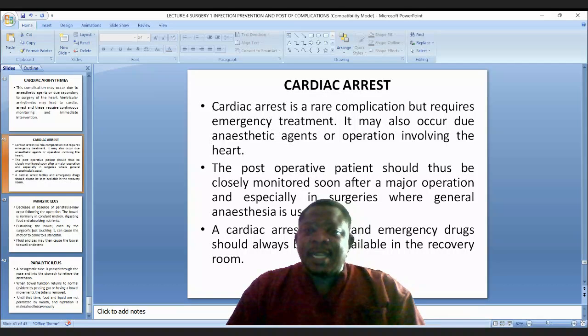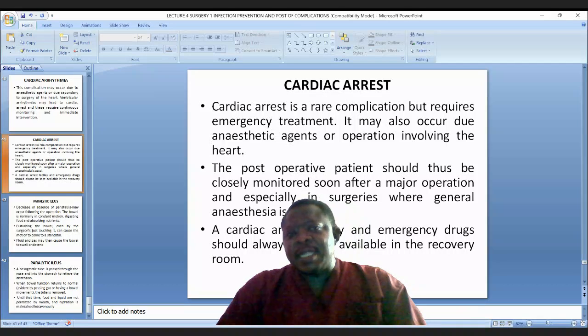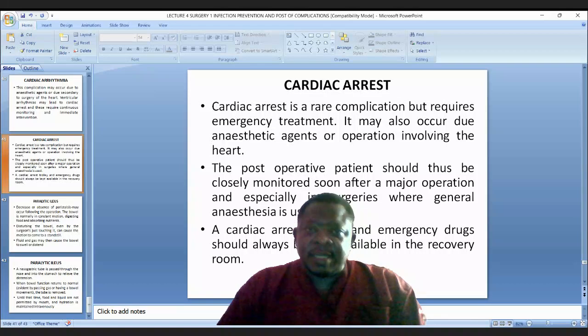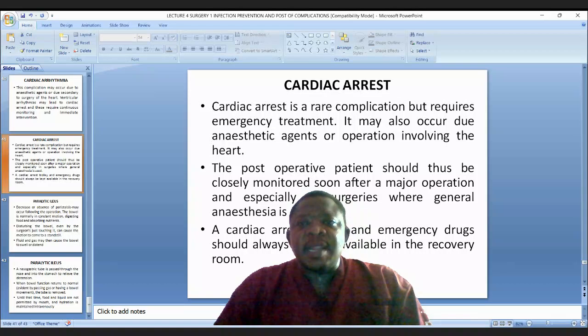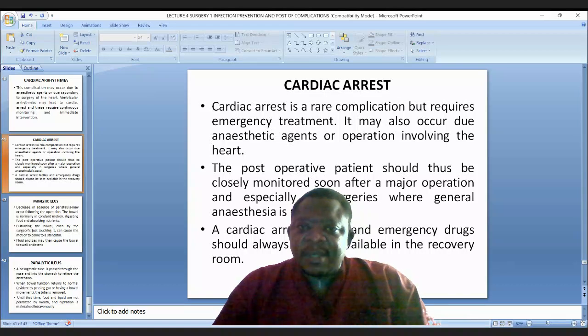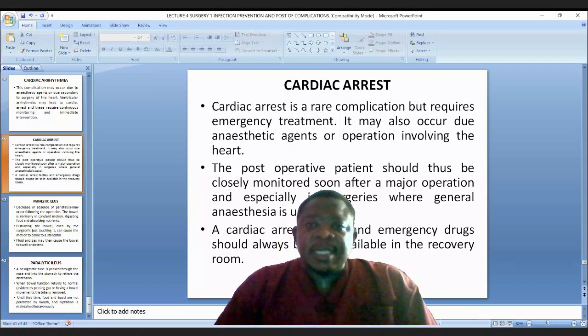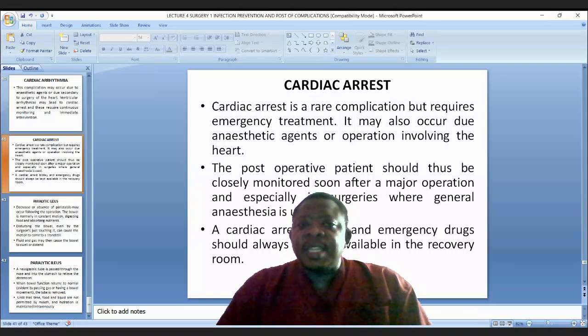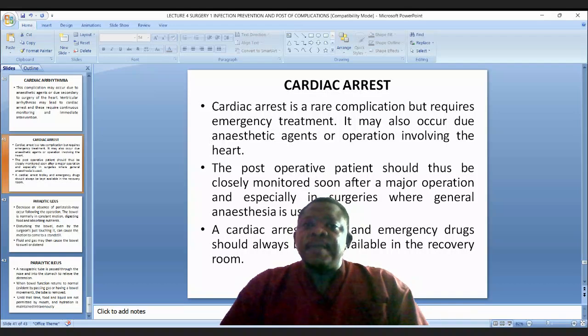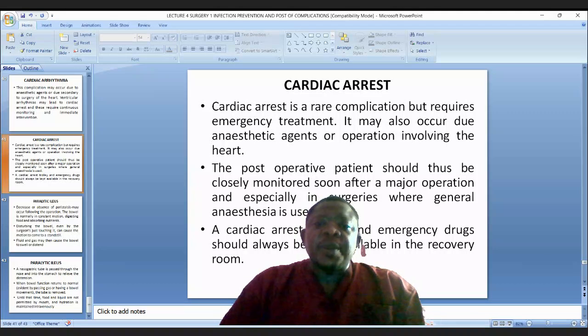And then the same mnemonic can also be looked at in terms of SHOCKED, for the specific complications that may arise postoperatively. The specific complications arising postoperatively include sepsis, which is infection of the wound or infection arising post-surgery. Then H is hemorrhage, H hematoma, as complications that may arise post-surgery. C is for cardiac arrest.